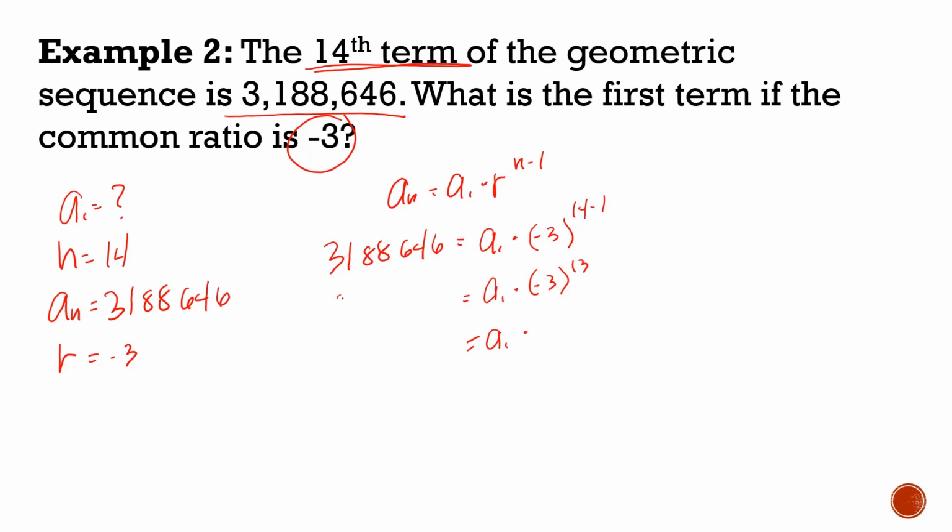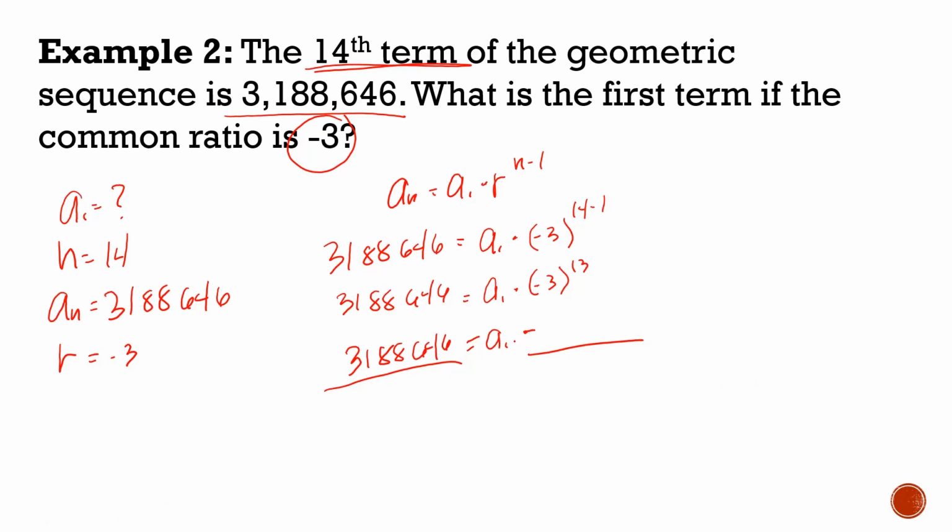I will just rewrite this number here, 3188646 divided by, so what's negative 3 raised to 13?